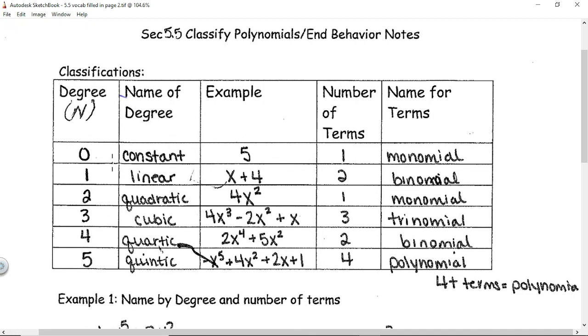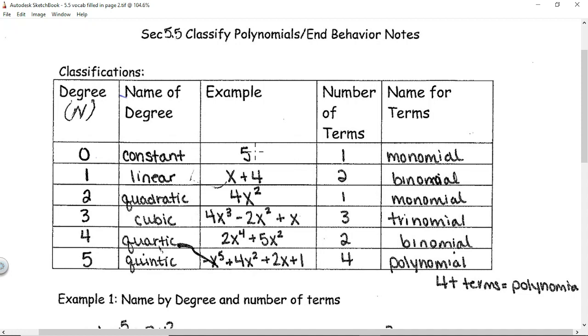If that degree is 0, that is, you have x to the 0, which is just 1, in other words, you don't have any variables, that polynomial is called a constant. And here's an example, just 5. How many terms does it have? Well, this example has one term. You could have more than one if you had a constant plus another constant, but that wouldn't be simplified, right?